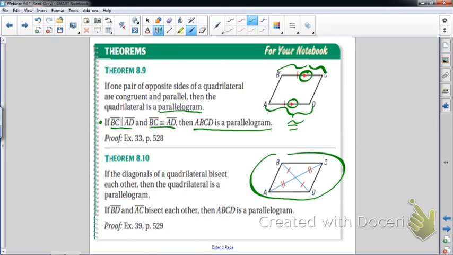It says if the diagonals of a quadrilateral bisect each other, and when they do, you get a point in the middle, we'll call it M for middle, or you can call it any variable that you want, then the quadrilateral is a parallelogram, okay? So it's important for you to see the bigger picture and how this will be congruent to this, and this will be congruent to that.